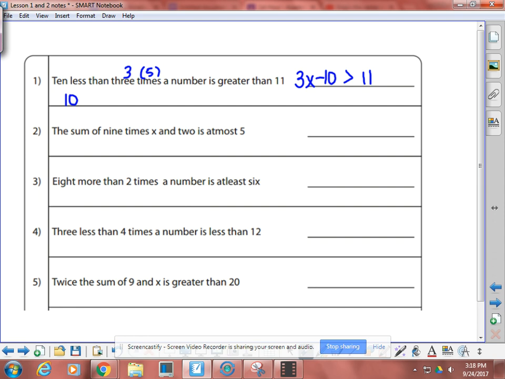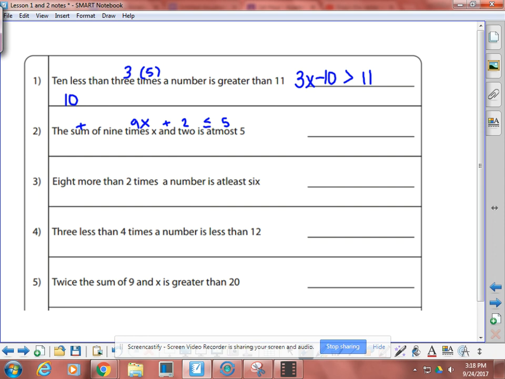So 3 times a number, 10 less than that. The sum, so sum is going to be addition of 9 times x, so 9x, and 2, so and 2 is plus 2, is at most 5. So it can be 5, but it has to be at the most 5. So it's going to be less than or equal to 5.